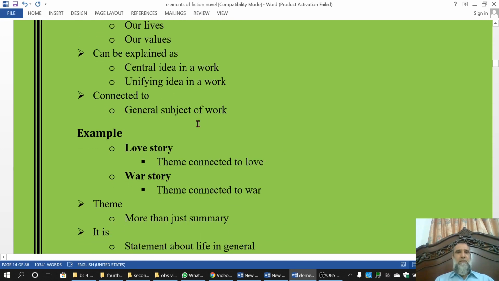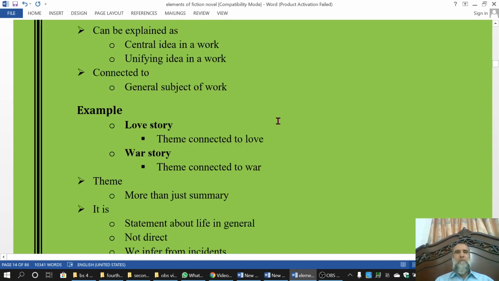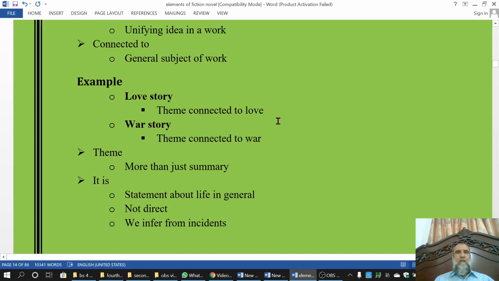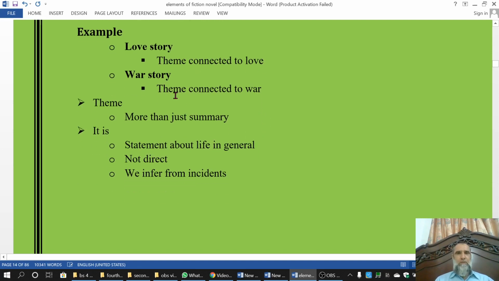And theme is often connected to the general subject of the work. For example, if there is a love story, the theme will be connected to love. If it is a war story, the theme will be connected to war. But theme is actually not just a summary of the story.